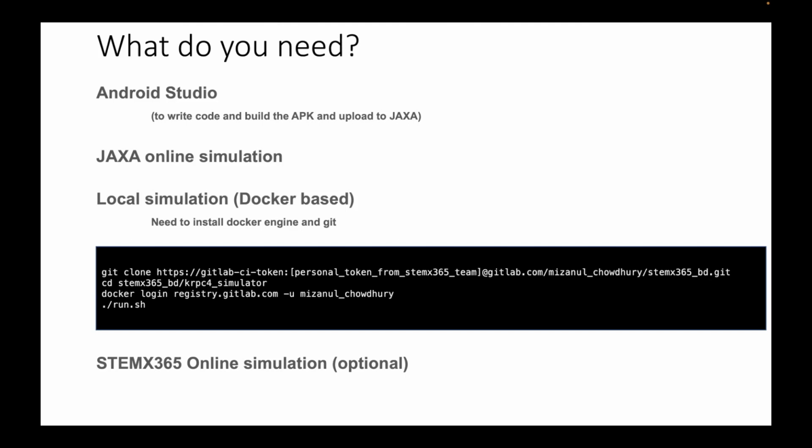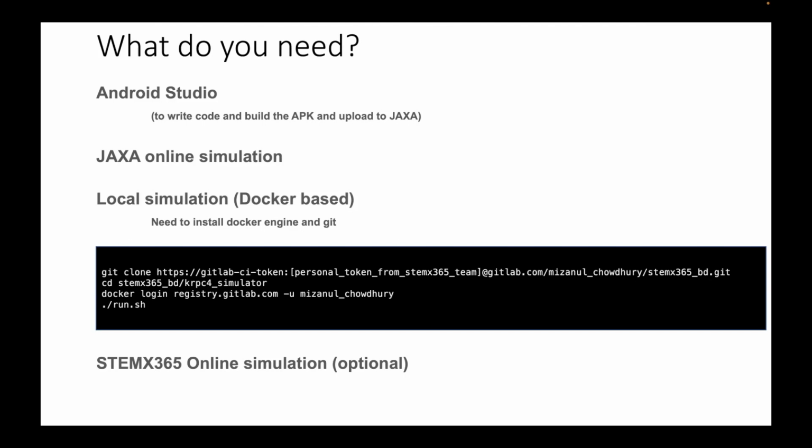If you have Android Studio, it is very easy to use. They have an icon, you just click that button, and it will build the APK for you. We'll learn about that later. Once you build the APK, Android package kit, you just have to upload it to the JAXA online simulation.